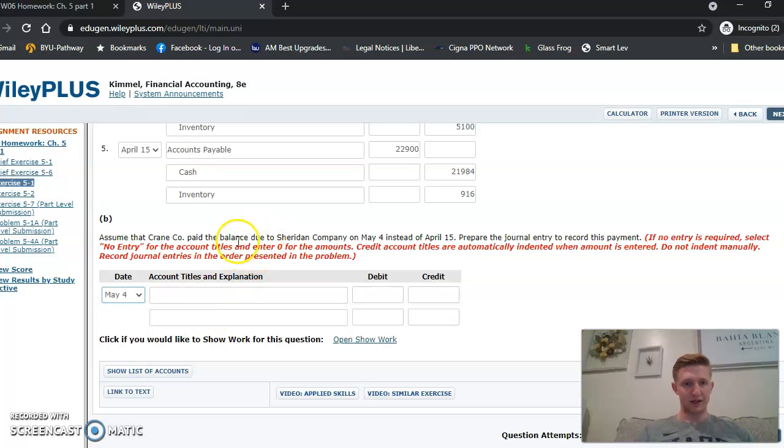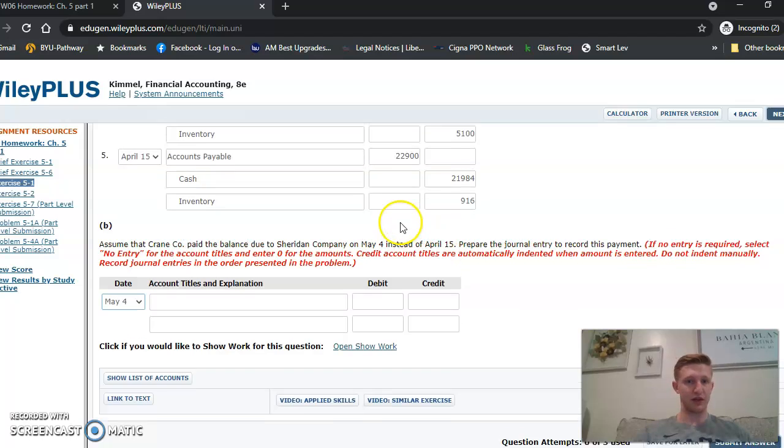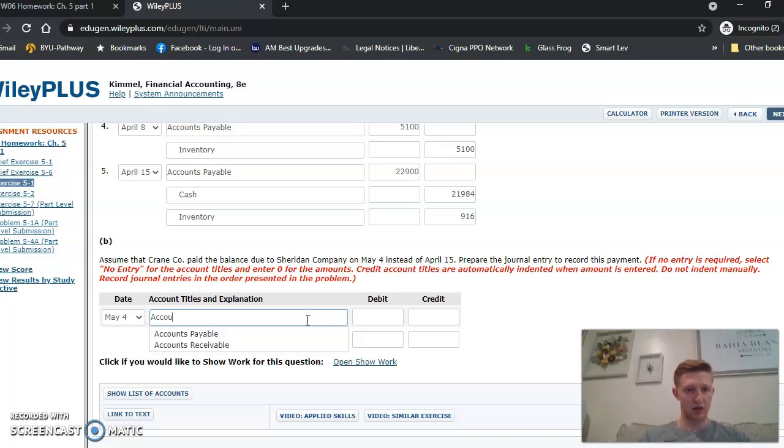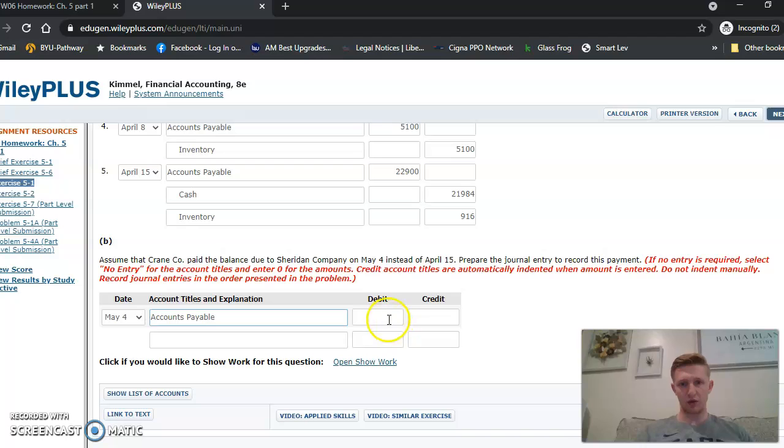And then it says here that we're going to assume that they're paying the remaining balance due to Sheridan Company on this date instead of April 15th. So if we go back to April 15th, the amount that was owed was $22,900. So we're going to keep that the same on this date here on May 4th. So accounts payable, we're going to debit that for $22,900.